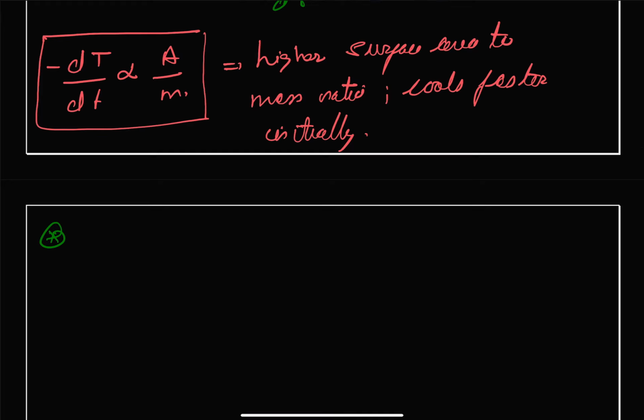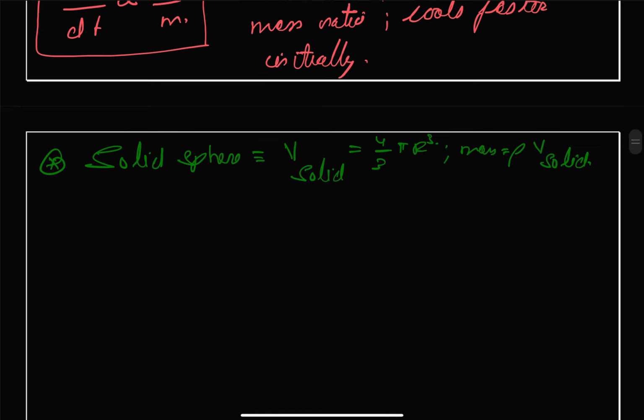For the solid sphere, the volume of the solid sphere will be equal to 4 by 3 pi r cube, and mass will be equal to density multiplied by the volume of the solid sphere, which we can write as density multiplied by 4 by 3 pi r cube.